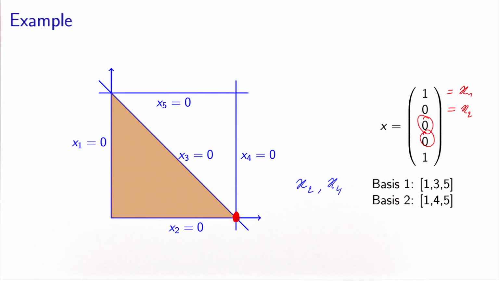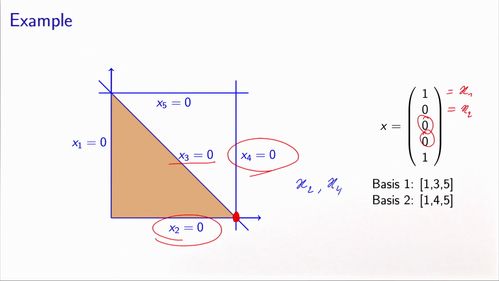So basically what we have done by choosing basis 1 is to set the constraints x2 equals 0 and x4 equals 0. And actually this was sufficient to identify the vertex. The fact that x3 equals 0 in this case is just a coincidence. It's not because we have decided to activate these constraints. It's because the constraints are such that it happens to be 0.